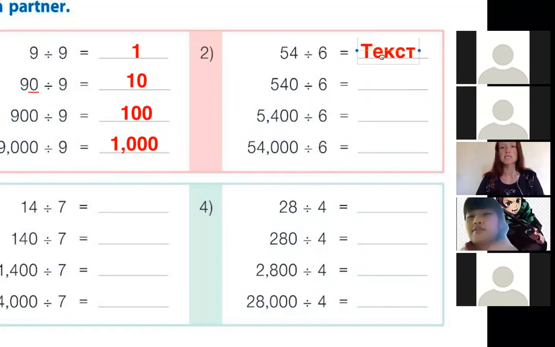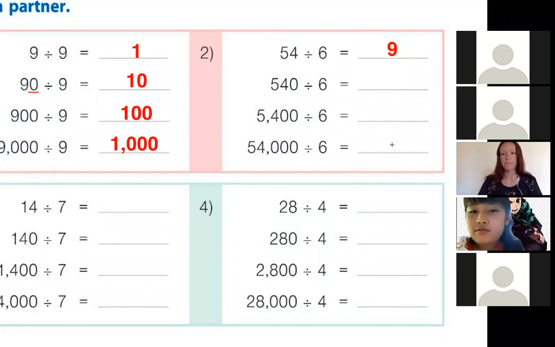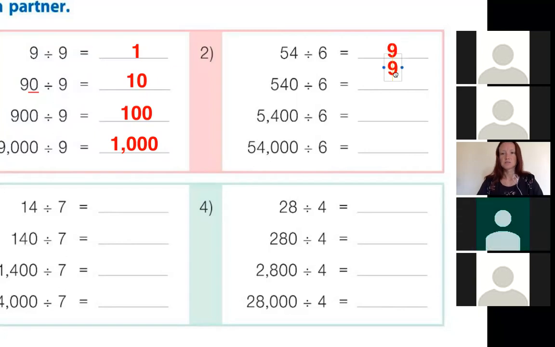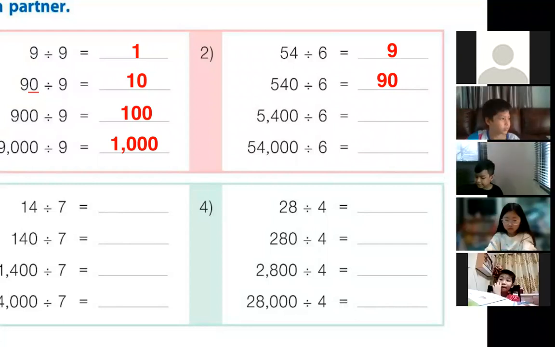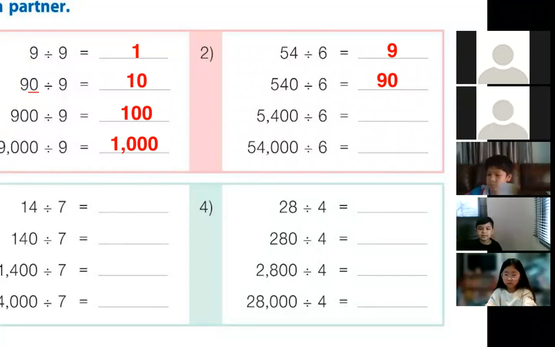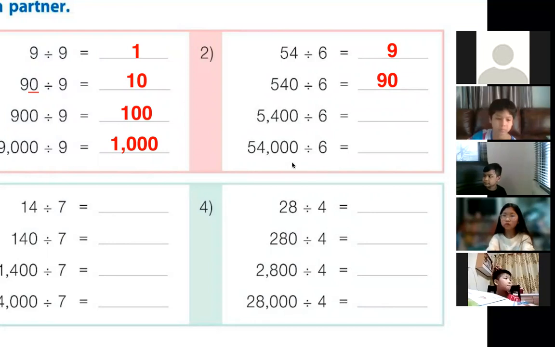You can say is 9. Okay, one more, Fanzai. 540 divided by 6 is 90. Very good. It's 90 because we have only 1 zero in our dividend. Okay, good. Thank you very much, Fanzai. Okay, so next, Andaman, can you read the next?